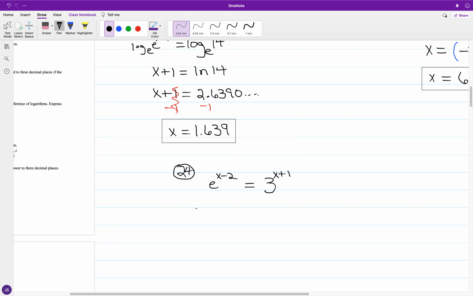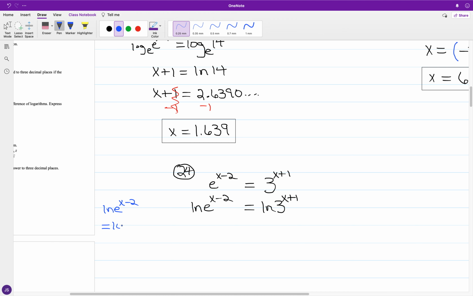So we'll take the natural logarithm of both sides on this one, but you can still use a base 10 logarithm. Just to re-emphasize, you have the natural logarithm of e to the x minus 2.